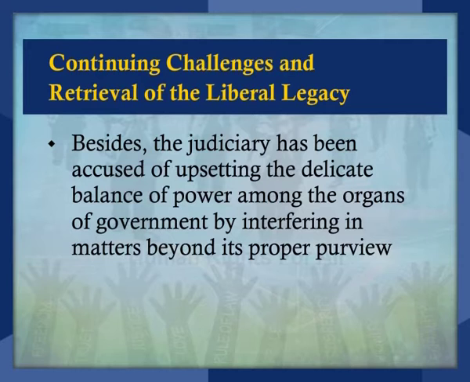Besides, the judiciary has been accused of upsetting the delicate balance of power among the organs of government by interfering in matters beyond its proper purview. The external constraint is evident in the executive's attempt to curtail judicial autonomy by controlling the appointment of judges. The media and civil society groups are also not free of comparable constraints.